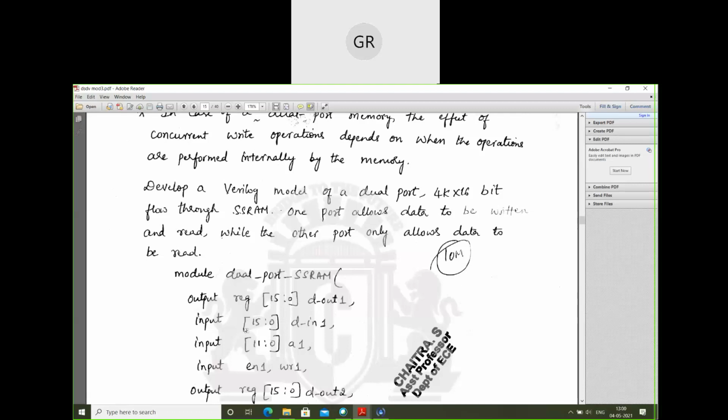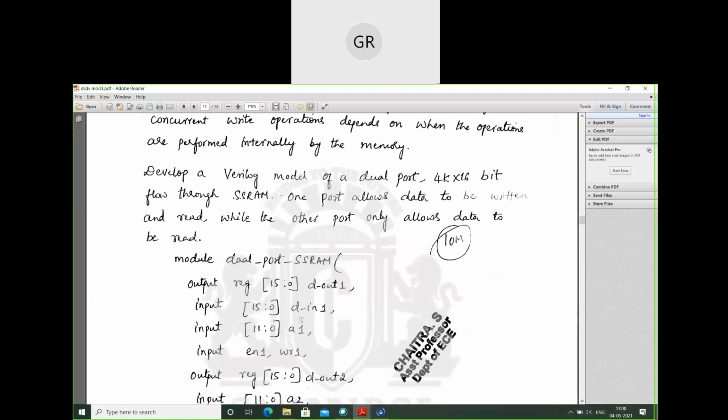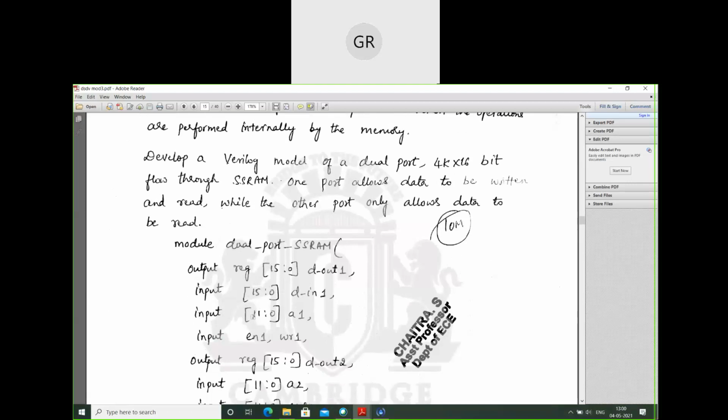See here, output bits is 16, input bit is also 16, D out 1, D in 1. Then address. Here 4000 address locations means log of 4000 with base 2, that is, log of 4000 divided by log of 2.